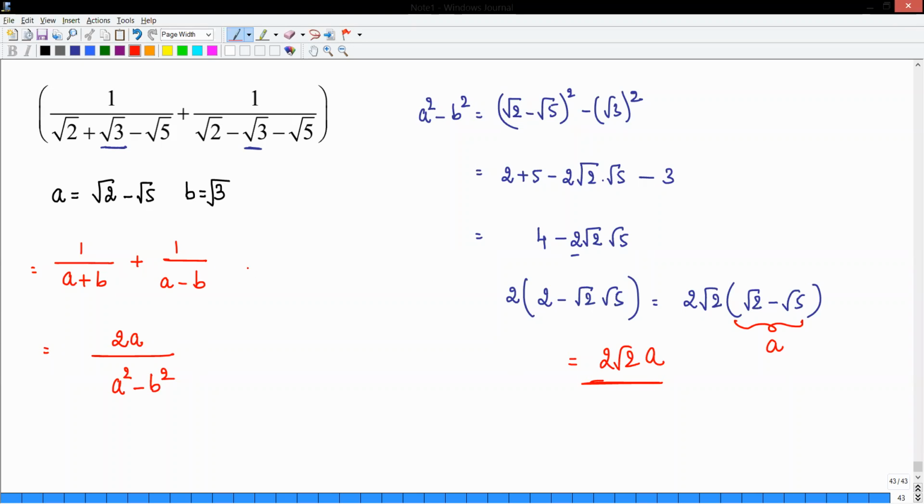So what it will become? One by root 2. So answer is 1 by root 2, a cancel.